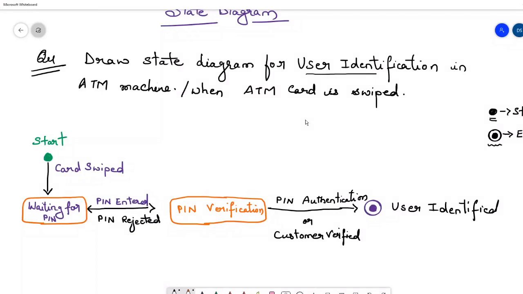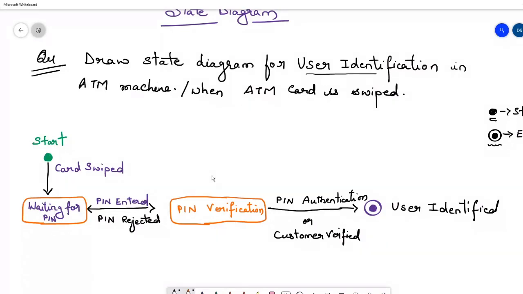That much only you have to do. Okay, so after the verification, user is identified. If pin is not correct, rejected. So this would be a simple state diagram of user verification or identification in an ATM.